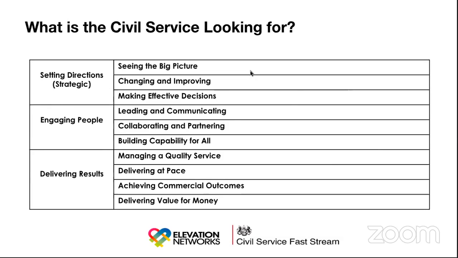And finally, it's delivering results. So this breaks into managing a quality service, delivering at pace, achieving commercial outcomes, and delivering value for money. So managing a quality service is about valuing and modeling professional excellence and expertise to deliver service objectives, taking into account diverse customer needs and requirements.